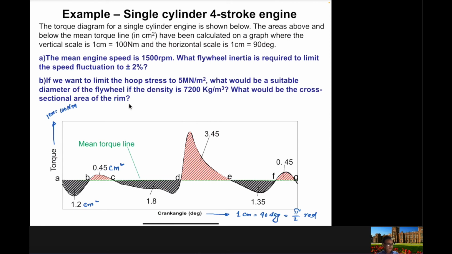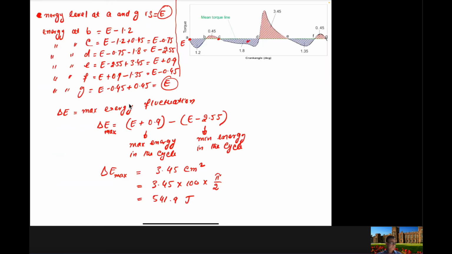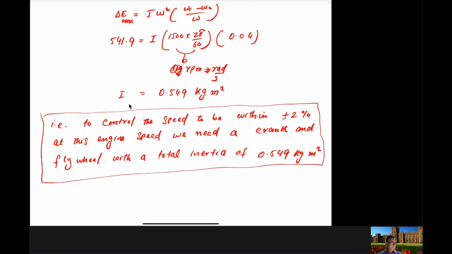So in this part B, we are provided with the density, which is rho, 7200 kilogram per meter cube. And obviously you know the value of the I which you have just calculated, which was 0.549 kilogram meter square.